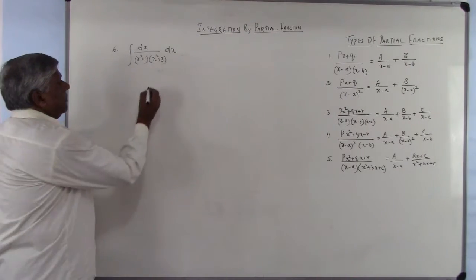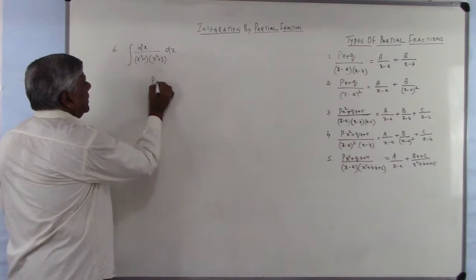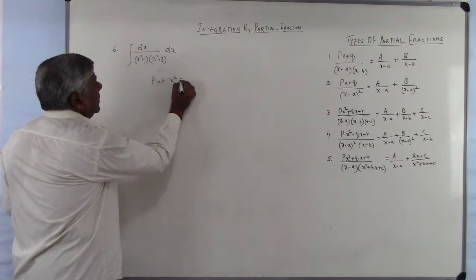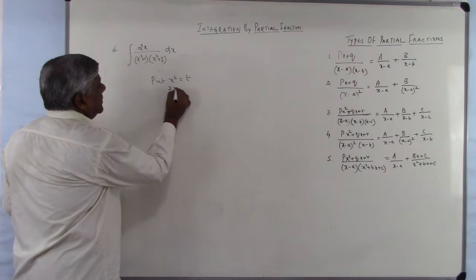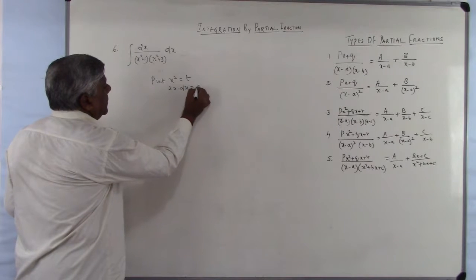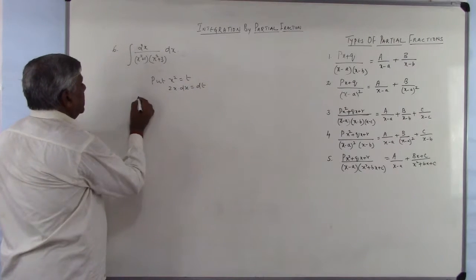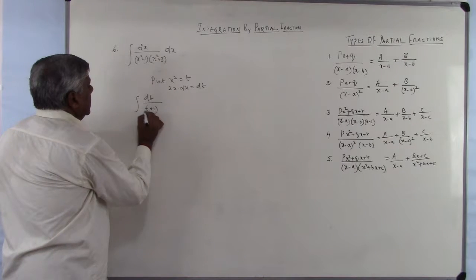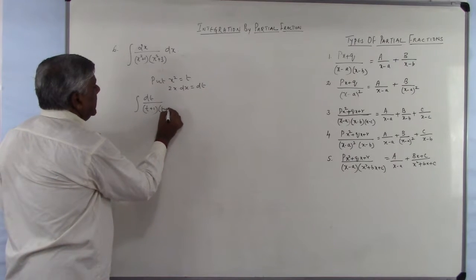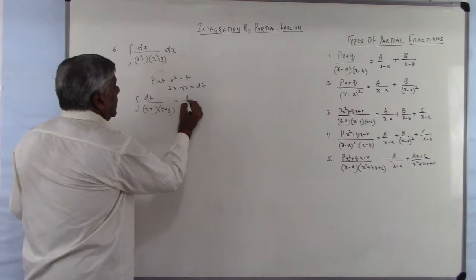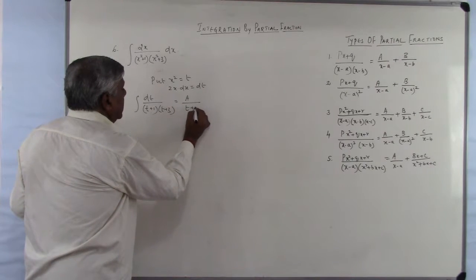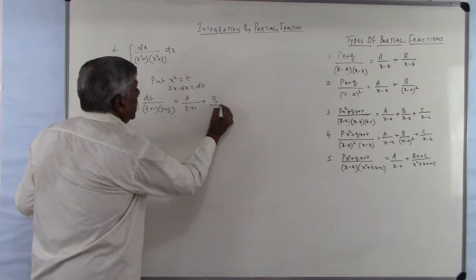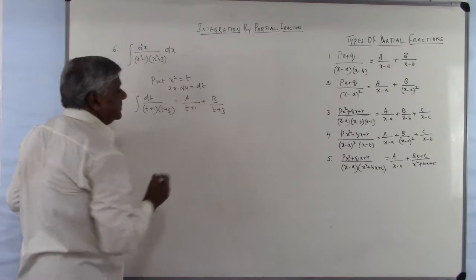Now, for this problem, put x square is equal to t. 2x dx is equal to dt. Therefore, the problem becomes dt by t plus 1 into t plus 3, which is equal to a over t plus 1 plus b over t plus 3.